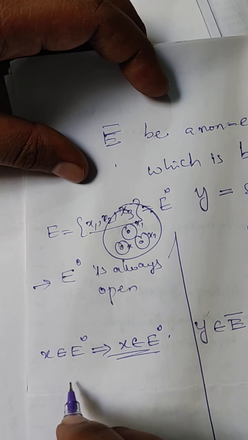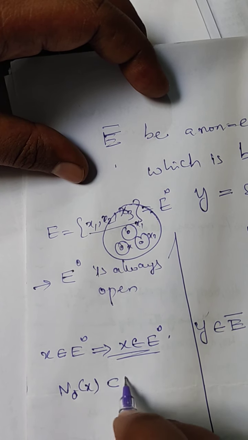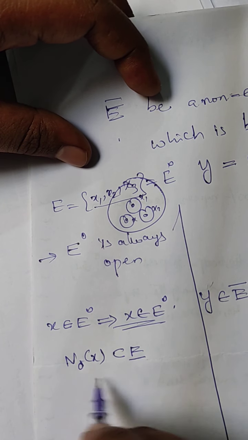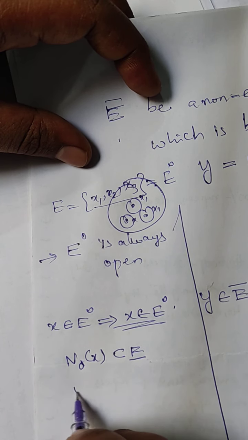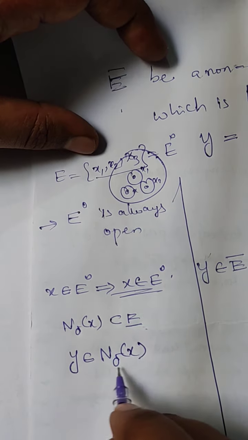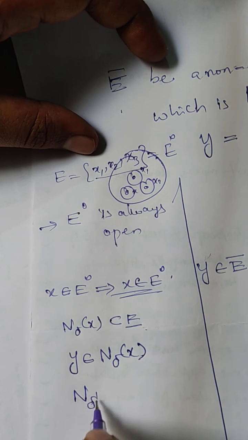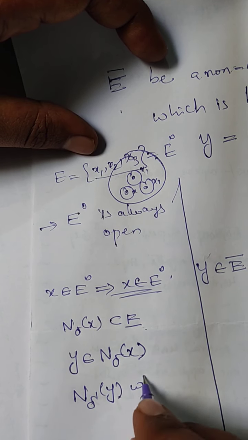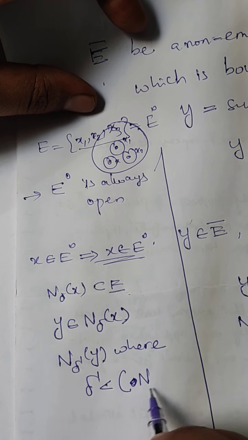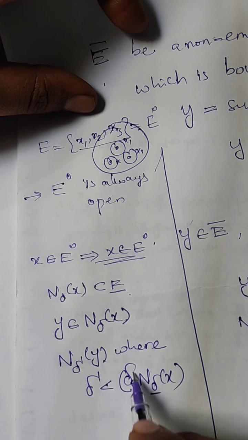We have to show that there is a neighborhood N delta of x which is a subset of E. There is a point y belongs to this N delta x, which belongs to E, means there is an N delta dash of y where delta dash is less than, obviously, it is less than delta basically.